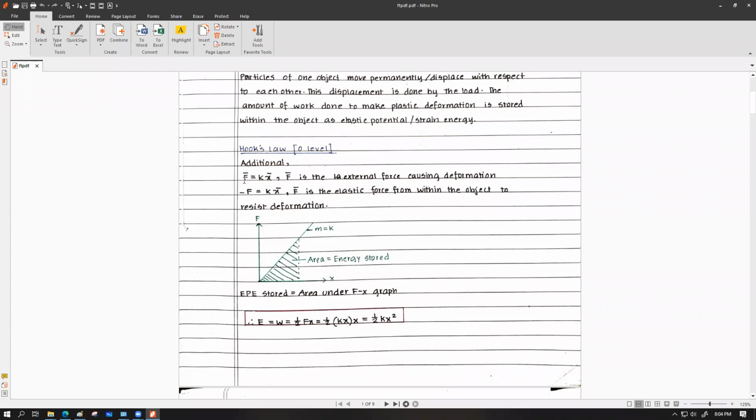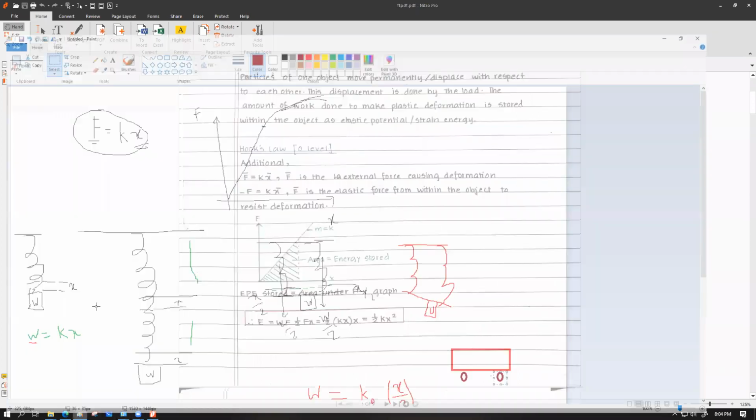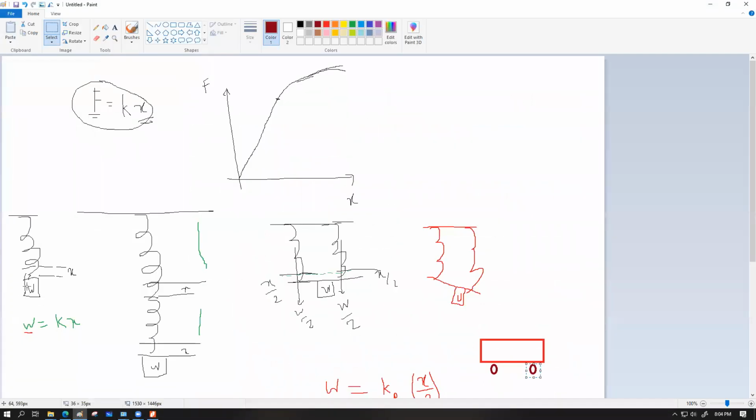Whereas if we want to incorporate in this equation the elastic force that forms within the object, what I'm trying to say is that whenever this object is loaded by W load, the object is going to come down and the upward force because of the elasticity of the spring is going to increase. There will come a certain point where the upward elastic force and the downward weight become equal to each other.